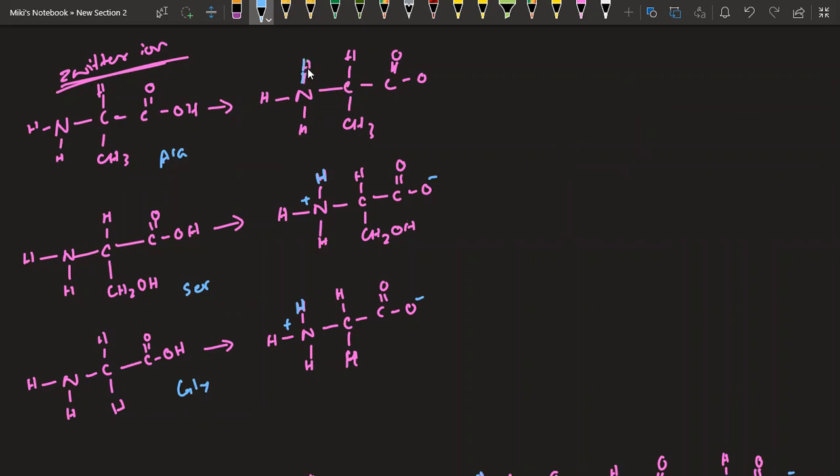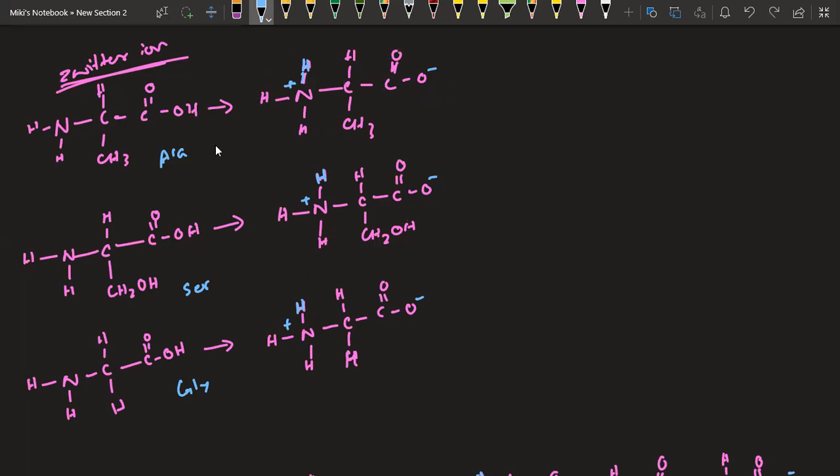So alanine forms a Zwitterion. Zwitterion does what? The carboxylic acid loses the H plus and the amine gains the H plus. So that's what is happening. Carboxylic acid lost its hydrogen towards the amine, and amine gained the H plus, forming a positive charge. So we have a negative charge ion and a positive charge ion, isn't it?